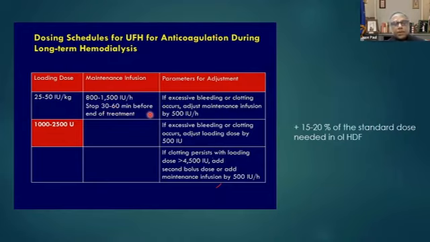Then you have to monitor the ACT levels and modify the dose of heparin. Each unit will have their own protocol, and you have to follow the protocol. In general, the dose of anticoagulation that should be used for hemodiafiltration is approximately 15 to 20% of the standard dose that is required for standard hemodialysis.